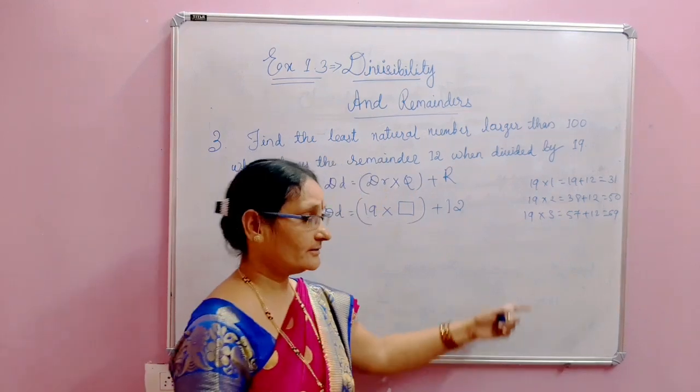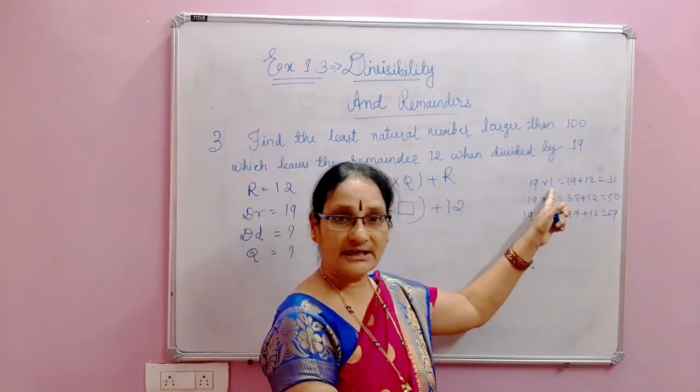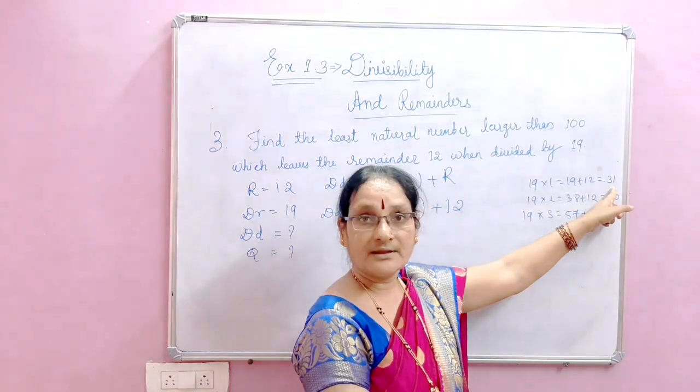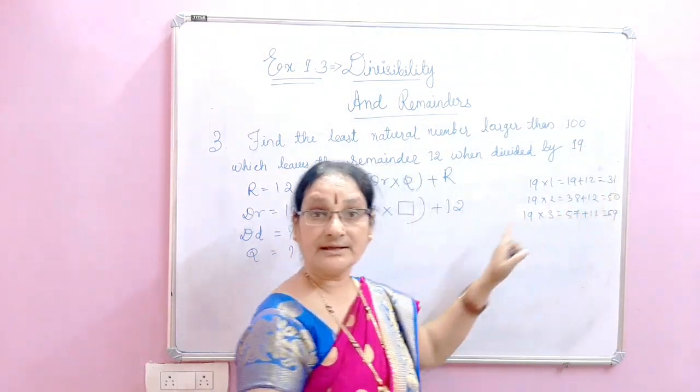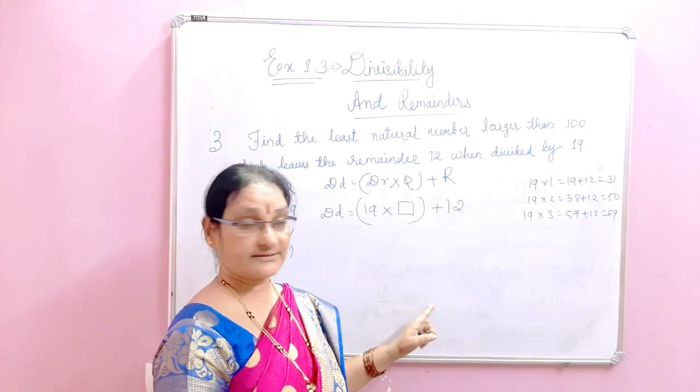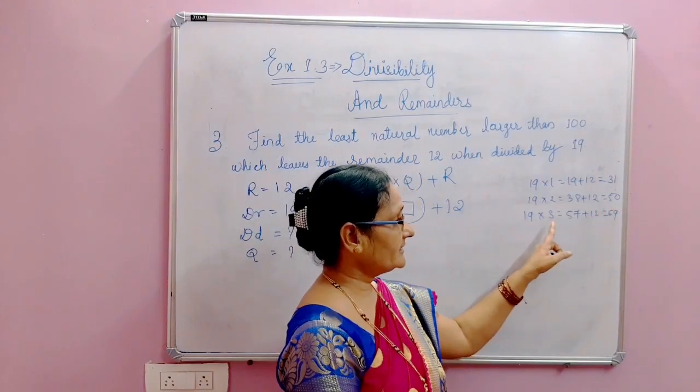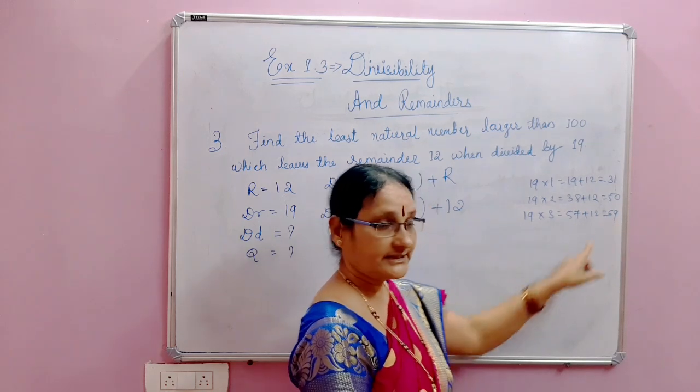Why am I not taking any one of these? The sum of these must be larger than 100. See, 19 twos are 38 plus 12, 50. 19 threes are 57 plus 12, 69.